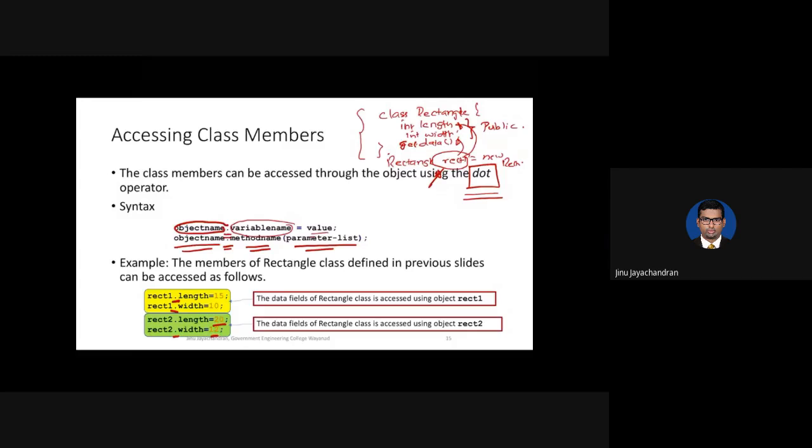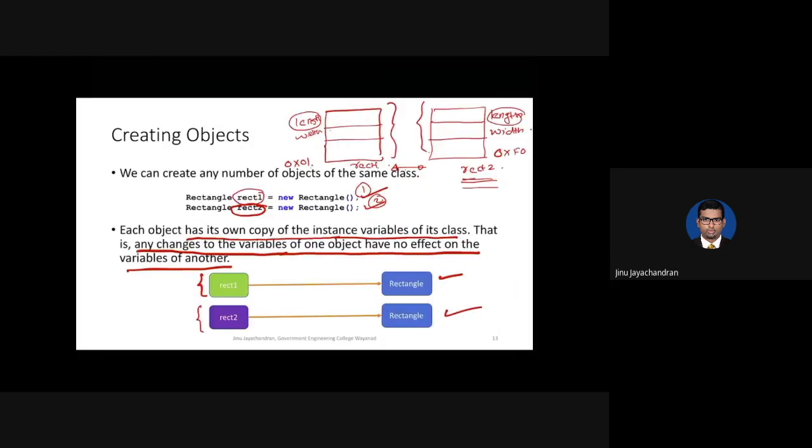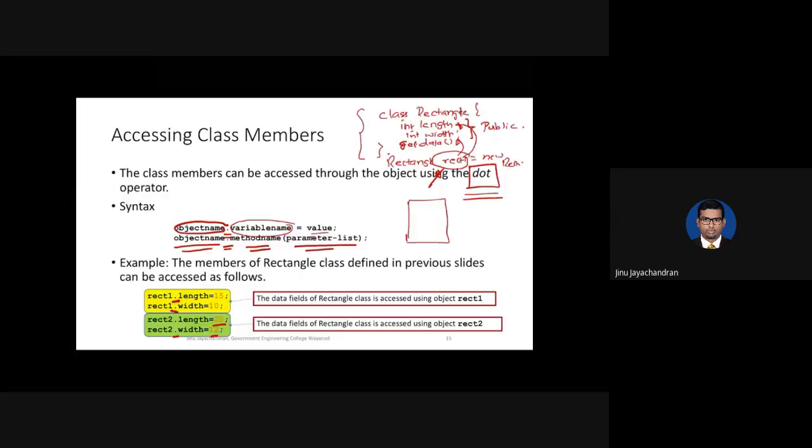So you need to know this important concept: in the previous slide we created two new objects, rect1 and rect2. We said that those two occupy two different memory locations. So when I say rect1.length = 15 and rect1.width = 10, in the rect1 memory location the value of length will be 15 and the value of width will be 10.